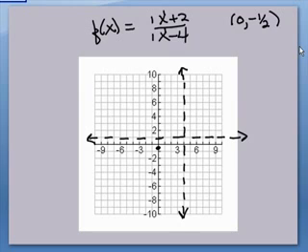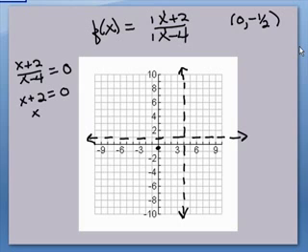For an x-intercept, we want the whole fraction to equal 0. And the only way the fraction is going to equal 0 is if the numerator is equal to 0. What makes that equal to 0 is negative 2. So our x-intercept is negative 2, 0. So we have this point here.